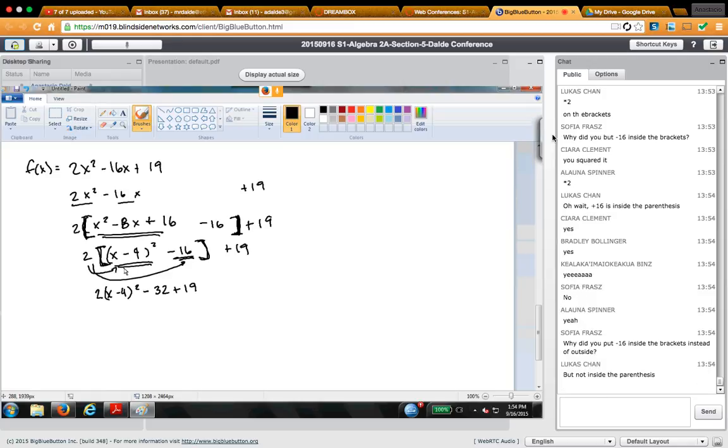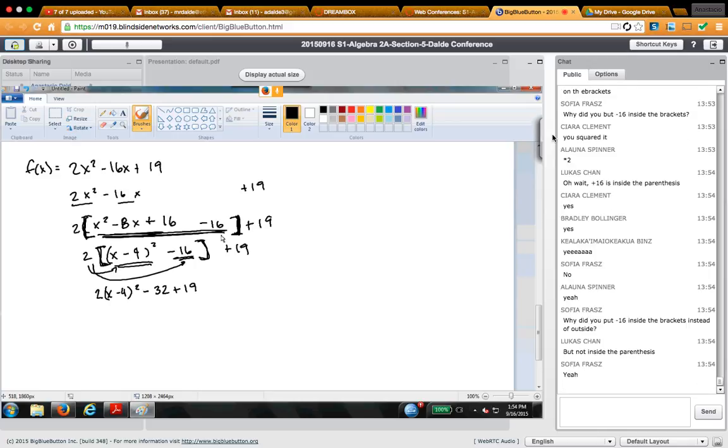Why did I put the 16 inside the bracket instead of outside the bracket? Well, it's because I'm doing my complete the square bit all within this bracket. I don't like dealing with a number in front of my x squared term, so I'm factoring it out, and we're good with that.